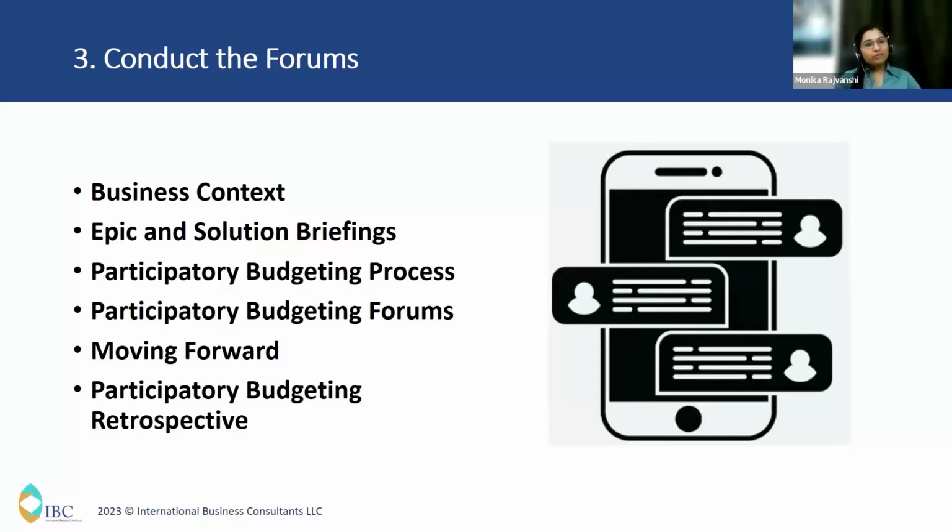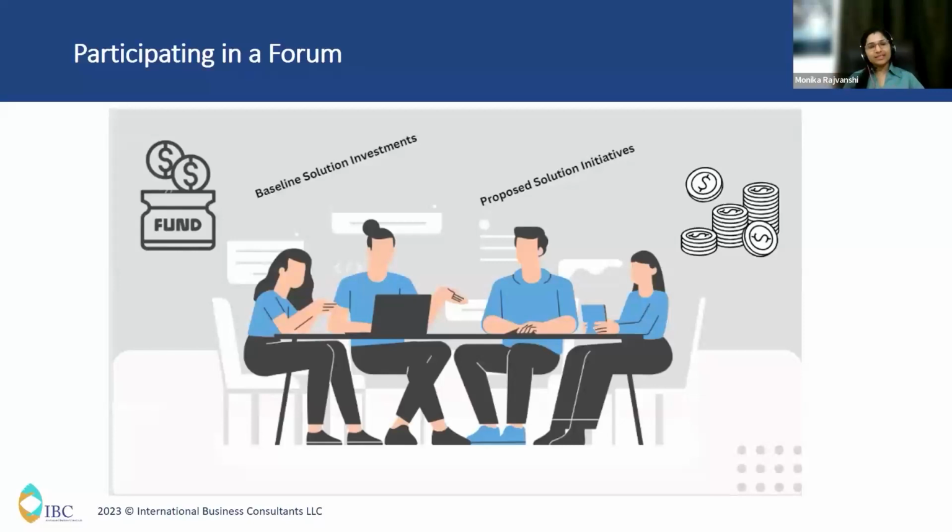Now, from conducting the forum, the most important thing is participating in the forum, so let me explain that in a little more detail. Here is the actual part, because here we are discussing how much budget we need to allocate for which initiative. Firstly, they discuss the baseline solution investment.